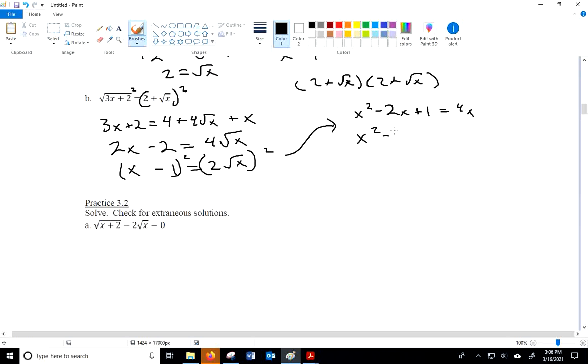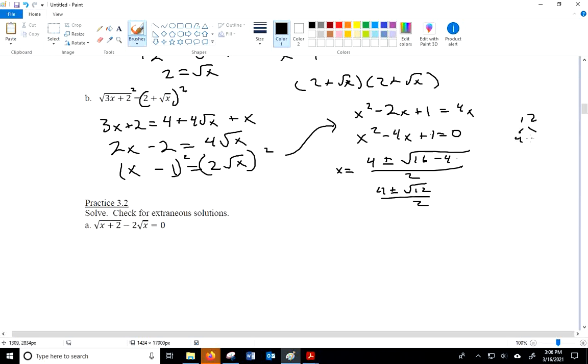And then setting this equal to 0, I get that. This doesn't factor, though, so I need to use the quadratic formula. So it'll be x equals opposite b plus or minus the square root of b squared minus 4ac all over 2a. So you end up with 4 plus or minus the square root of 12 over 2. And the square root of 12 is 4 times 3, it's 2 root 3.